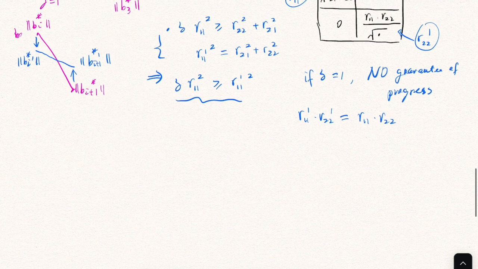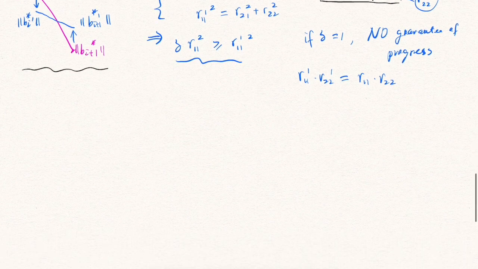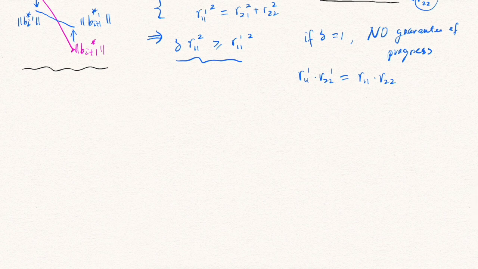Now, on this topic, we want to see another very important fact. Here's the statement: the length of B1 star, which equals B1, never increases.